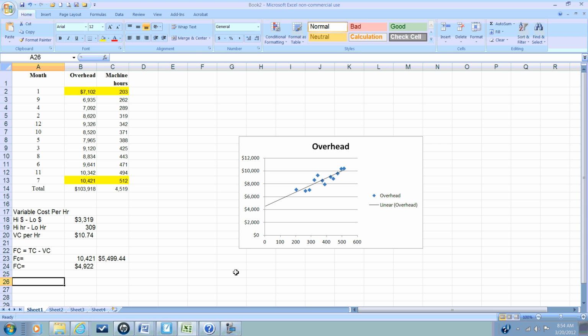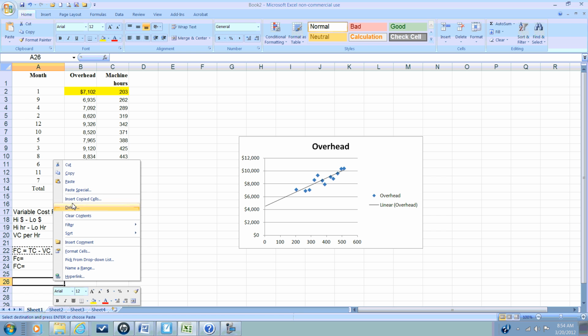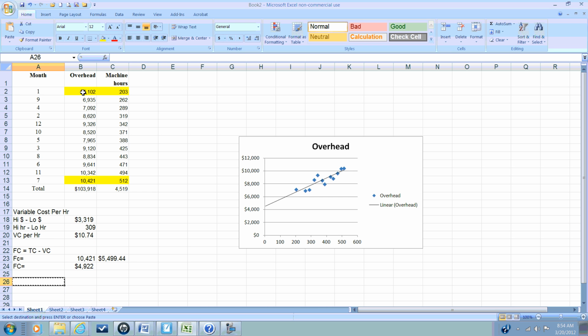If we use the low cost, again, our formula is going to stay the same. Fixed cost equals the total cost of 7,102 minus the total variable cost, which will be the 203 hours at $10.74. So let's do this in one swoop.